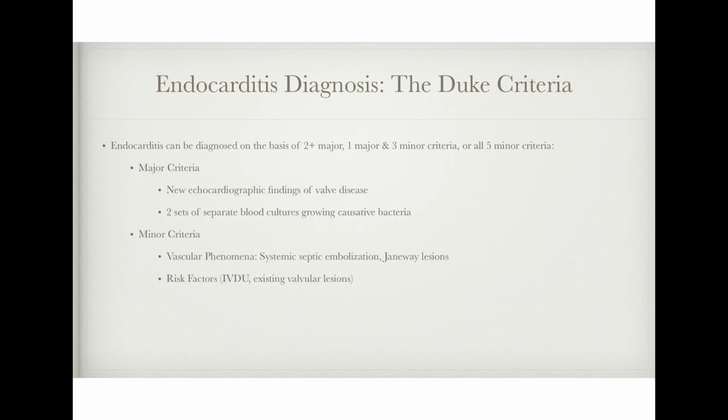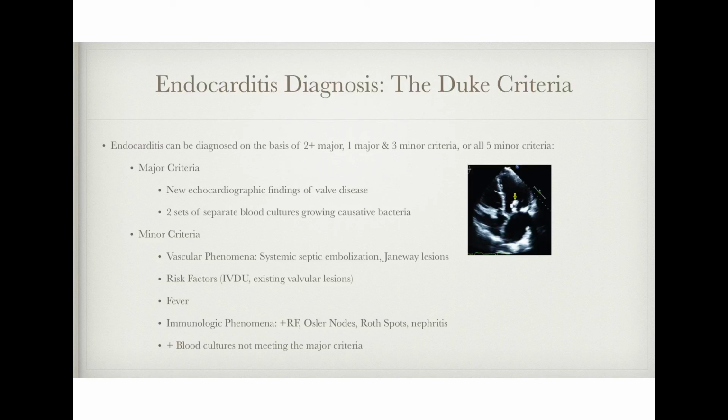Another minor criterion is the patient having any significant risk factors for developing endocarditis, which can include IV drug use or an existing valvular lesion or valve replacement, fever, immunologic phenomenon, which can include positive rheumatoid factor, Osler nodes, which are painful papules located on the fingers and toes, Roth spots, which are hemorrhages seen in the eye during a fundoscopic exam, and glomerulonephritis. The final minor criterion is a single positive blood culture or multiple blood cultures showing organisms that are non-typical causing agents for endocarditis.